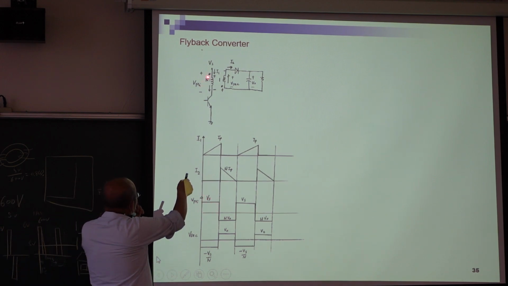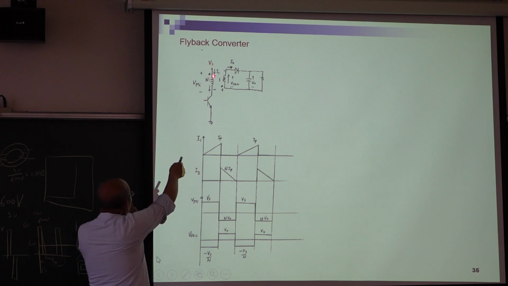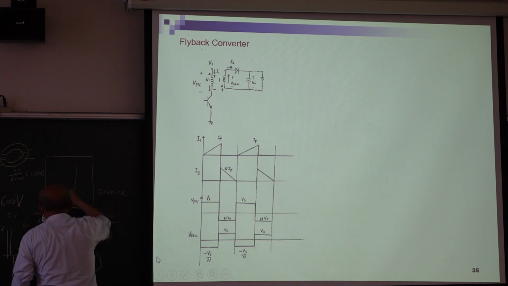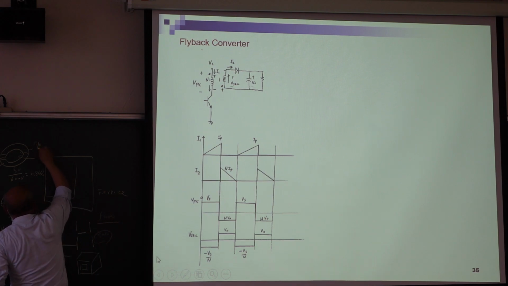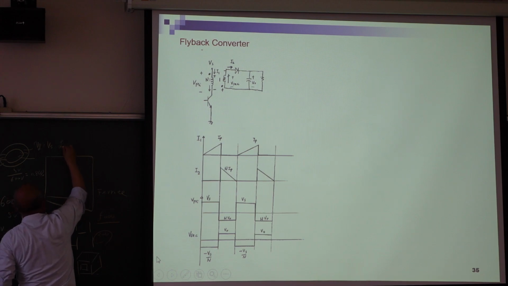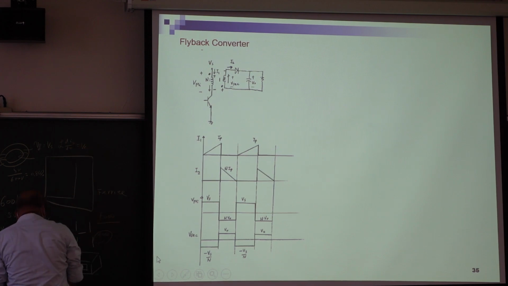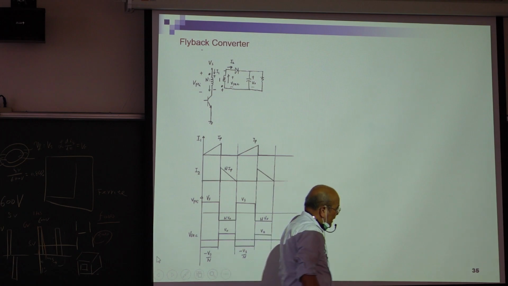So if you turn on the switch, then how about I1? VL is equal to Vs, and VL is L di/dt, equal to Vs. Then how about di/dt?